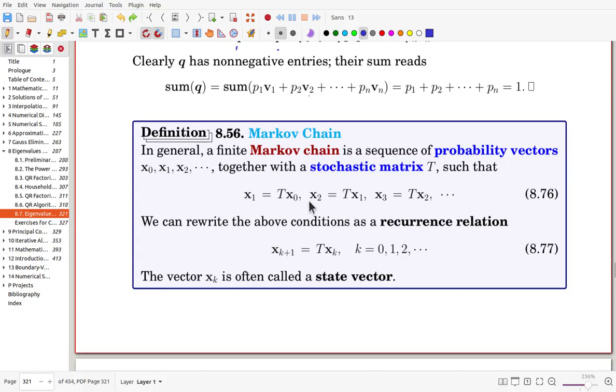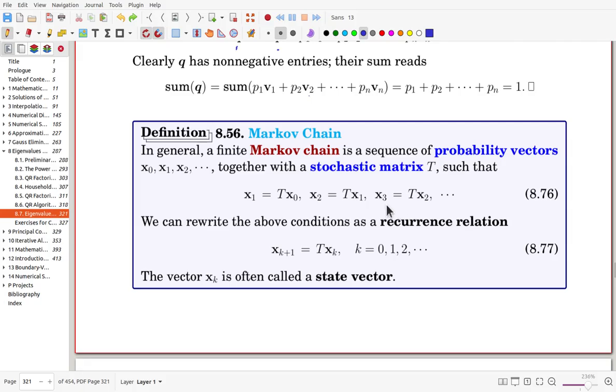Again, for x2, from x1, T is multiplied. Again, to x2, T is multiplied to get x3, and so on.